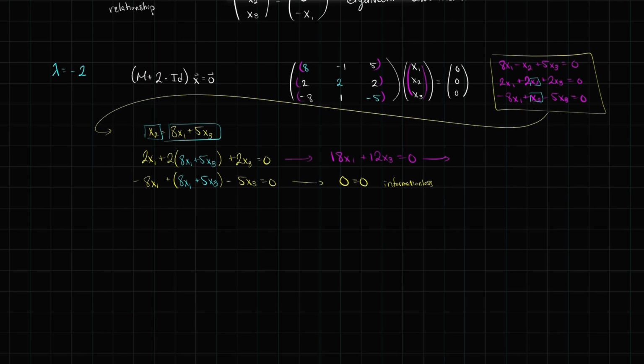I can divide both sides by 6, and I get 3x1, and bring my x3s to the right, negative 2x3, or rather x1 is negative 2/3 x3.